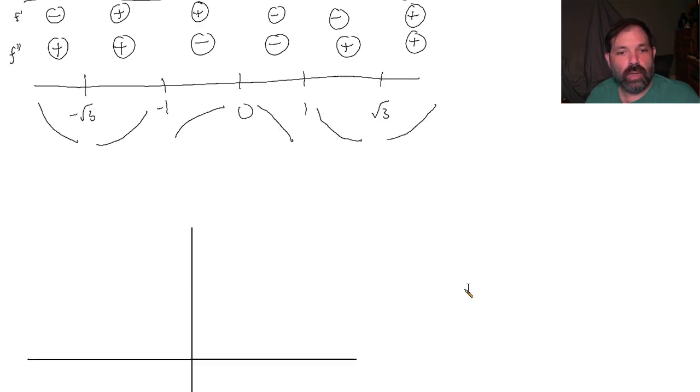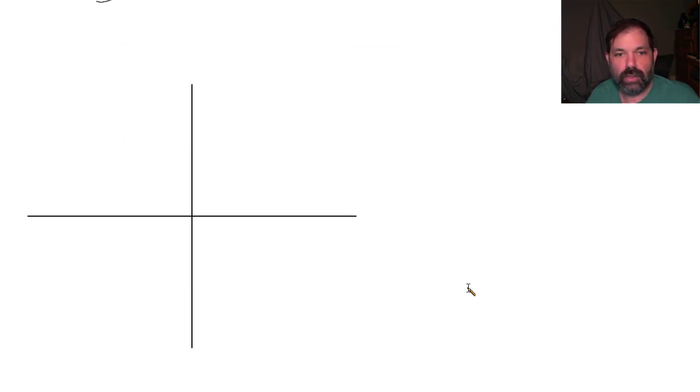Alright, so I brought in some axes real quick. And let's call it x and y. There's my x-axis and there's my y-axis. And we had important values at negative root 3 and at negative 1 and positive root 3. So here's the scale. There's negative 1. There's 1.